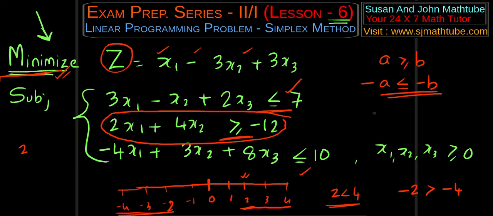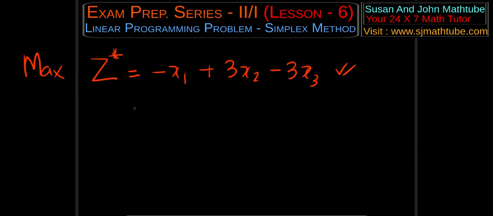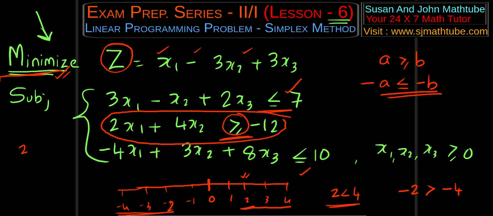So what I am trying to convince you is, if you multiply any inequation by negative, the inequation symbol will get reversed. So I'll just cut this and write it here. This will become minus 2x1 minus 4x2 less than or equal to 12. Okay, so that's done.